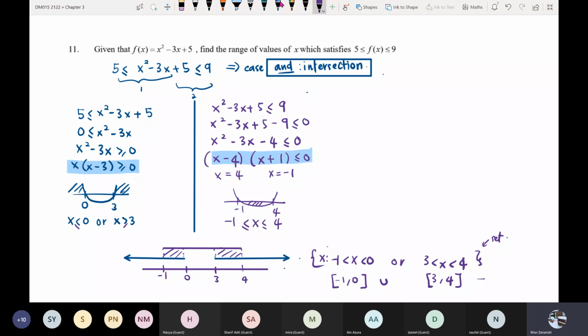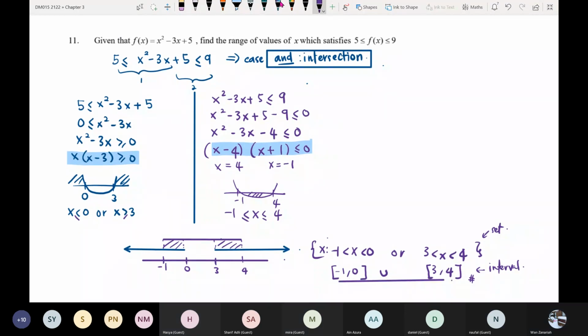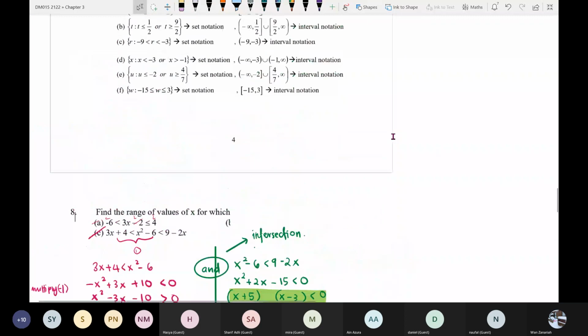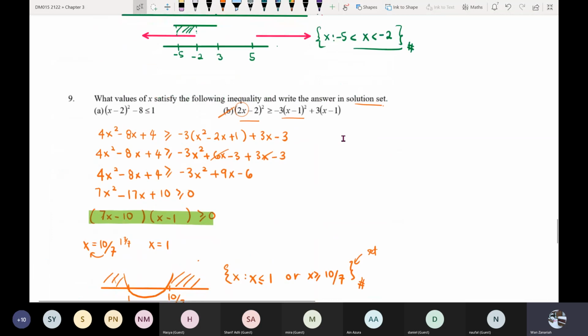So this is the form of interval. Boleh semua? Boleh, madam. Check sama tak jawapan? Sama, -1, 0, 3 and 4.